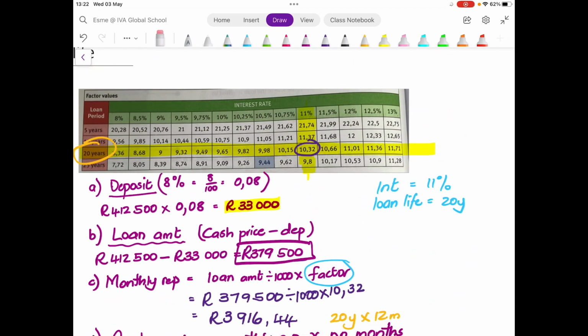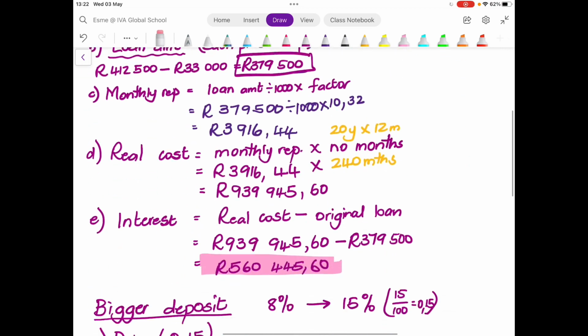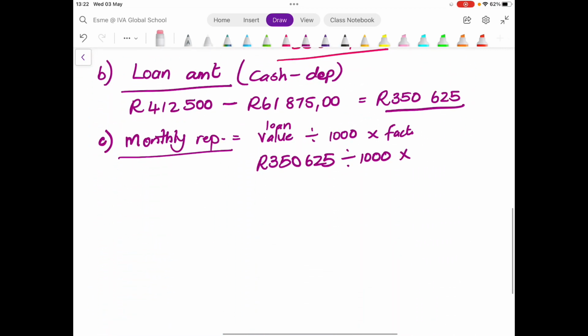So this time, okay, did the interest rate change? No. So this factor was 10,32. We are going to use exactly the same factor here because my interest rate was still 11% and I'm still looking at 20 years.